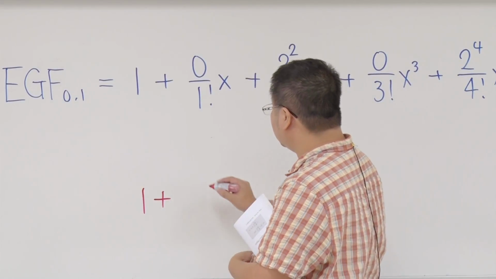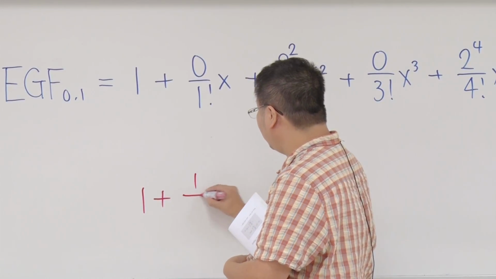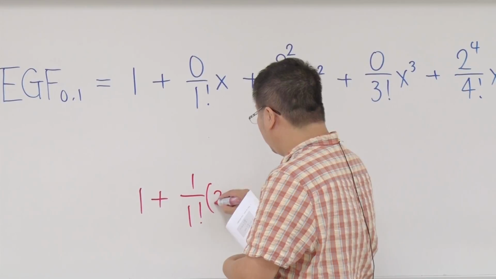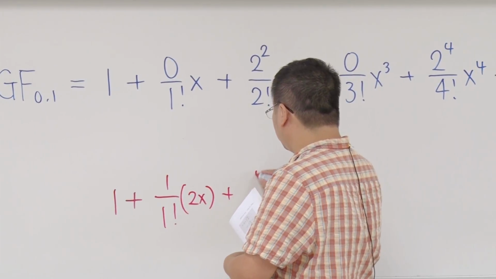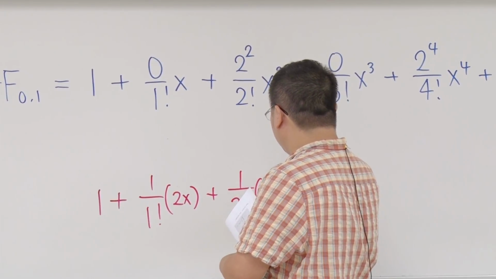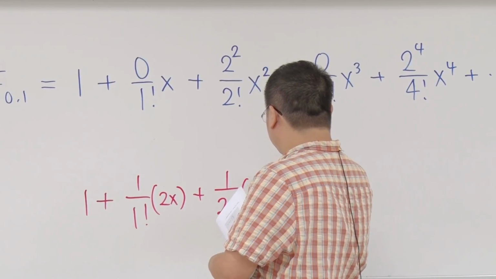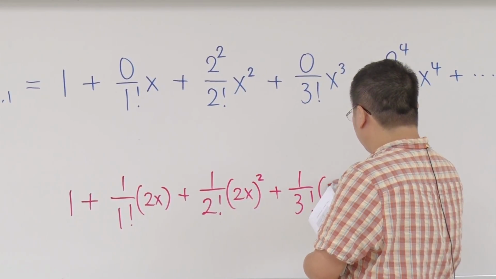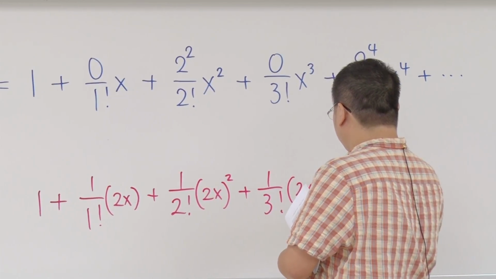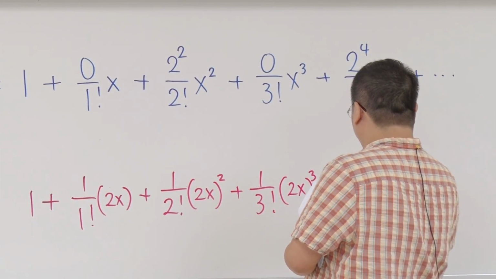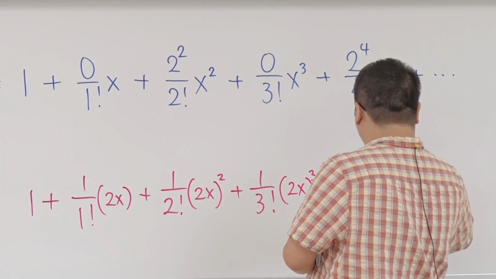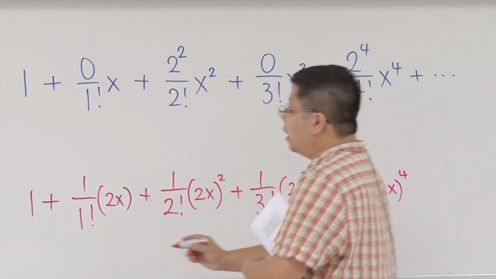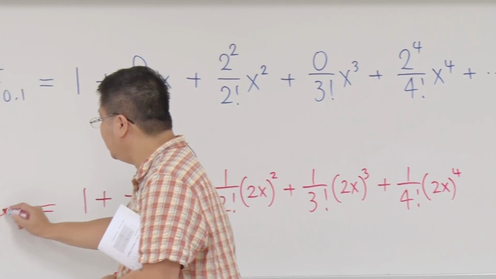E to the power 2x is something like this: 1 over 1 factorial 2x plus 1 over 2 factorial 2x squared plus 1 over 3 factorial 2x cubed, 1 over 4 factorial 2x to the 4. And this is e to the power 2x.